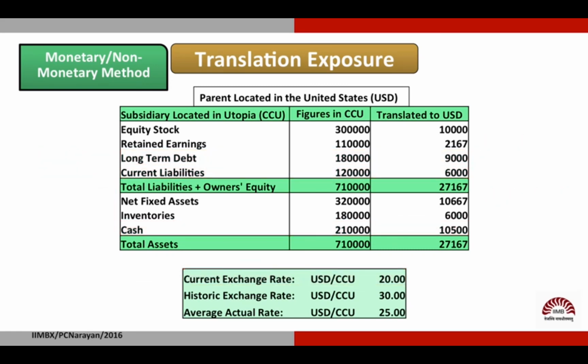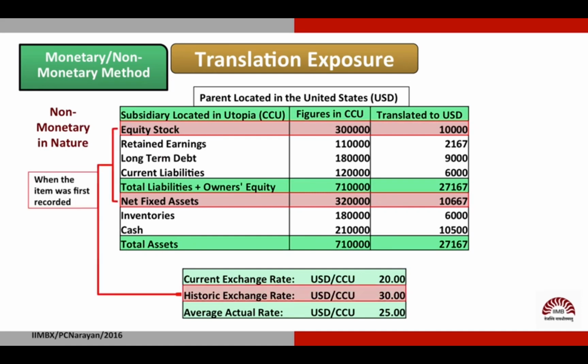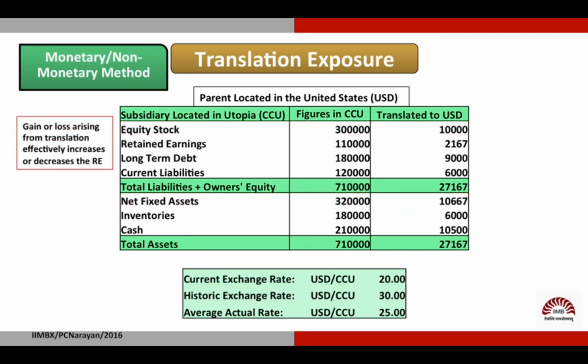All other items on the balance sheet, such as equity, stock, land, etc., are considered to be non-monetary in nature and hence translated at the historical exchange rate that prevailed when the item was first recorded on the balance sheet. As in the previous method, the gain or loss arising from translation effectively increases or decreases the retained earnings.